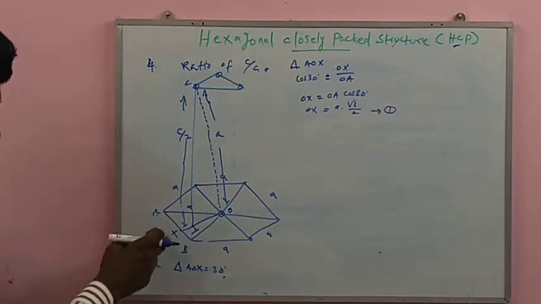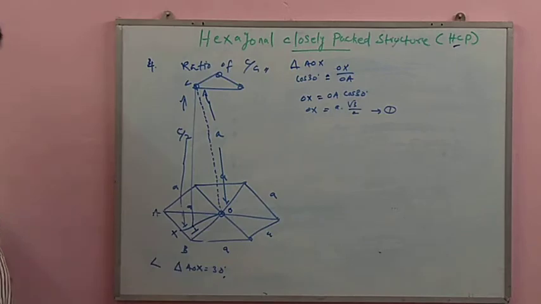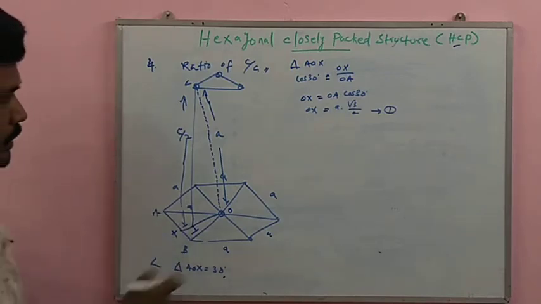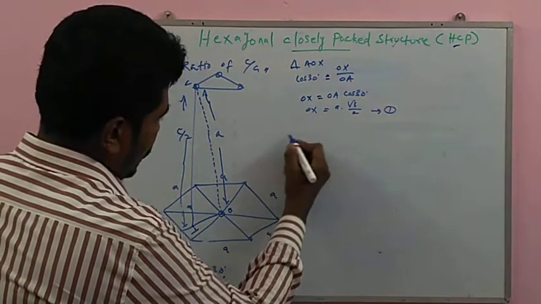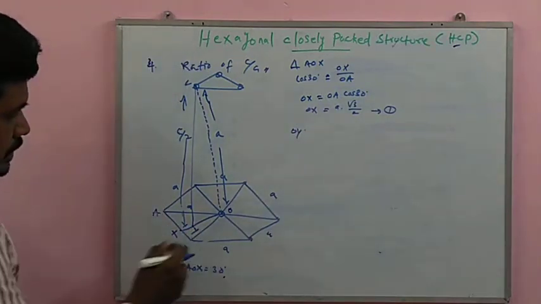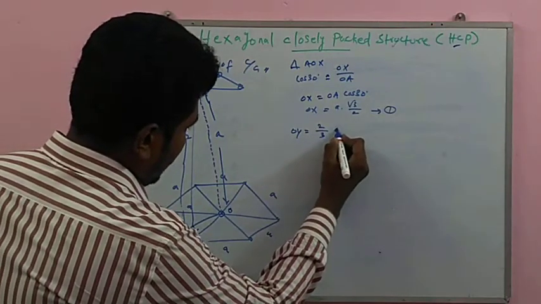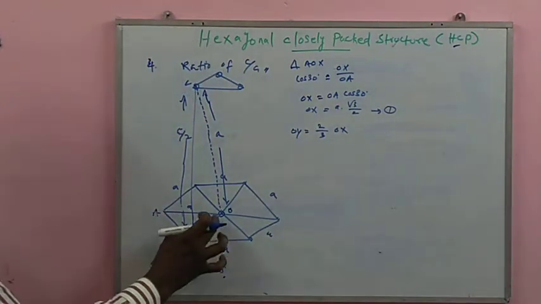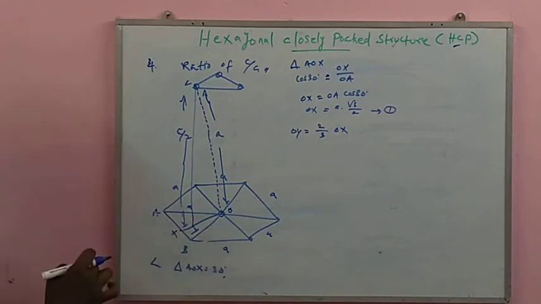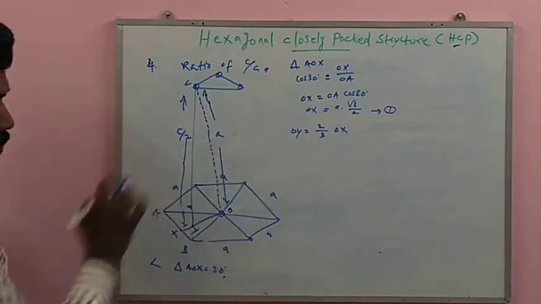So now how to find OY? Understand? The OY distance is 2 by 3 of OX. So OY is equal to 2 by 3 of OX.